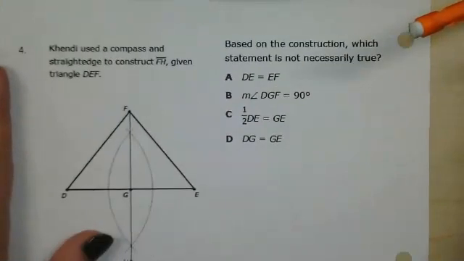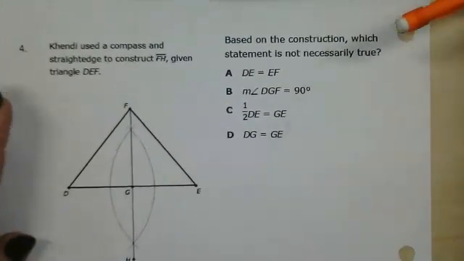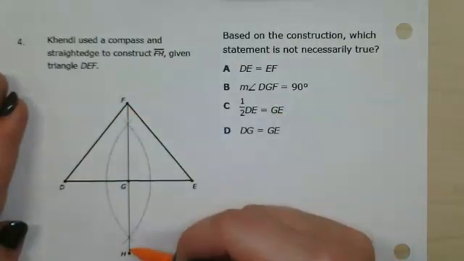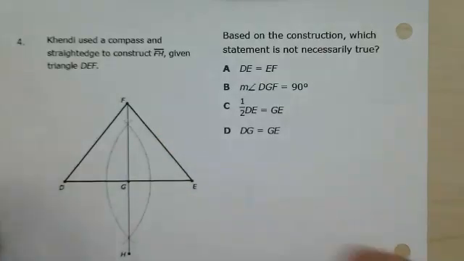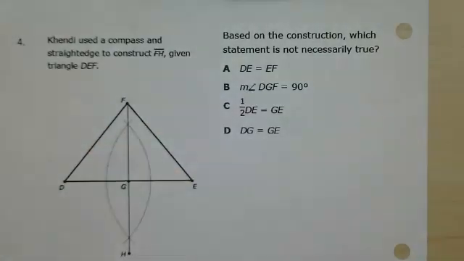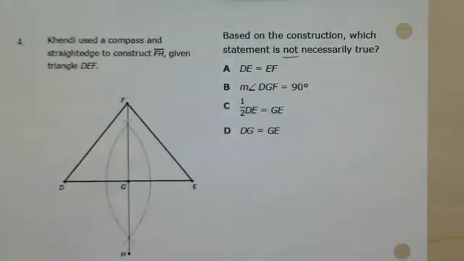All right, last question here says that Kendi used a compass and a straight edge to construct the line segment FH. So from F to H, she used those steps that we talked about on the front page to create that line. Okay, and the triangle DEF was already given. Based on this construction, which statement is not necessarily true?